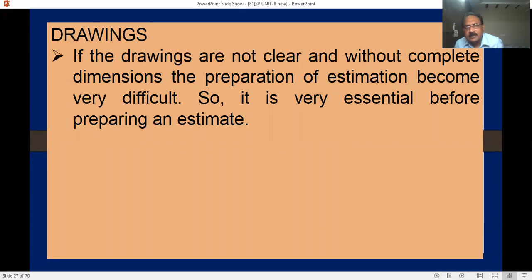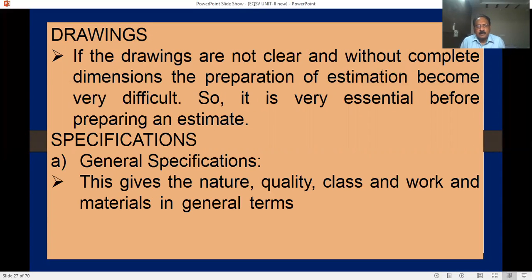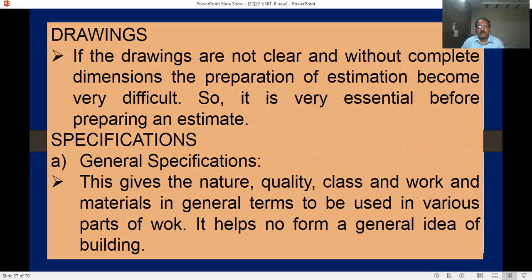What drawings and specifications are required for a detailed estimation? If drawings are not clear and without proper dimensions, it is very difficult to prepare the total estimation. So it is very essential before preparing an estimation of the project or building.